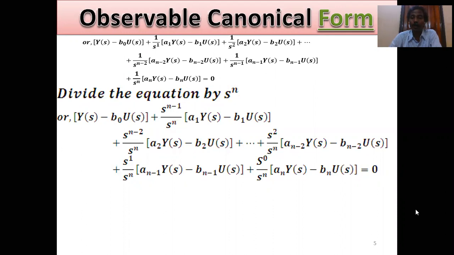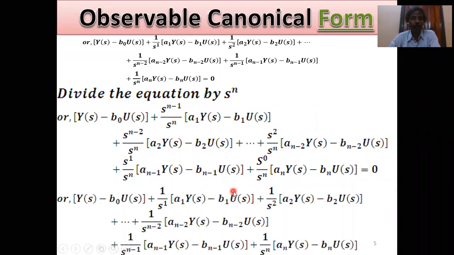So divided by s to the power n terms, and we get ultimately Y(s) minus b0 into U(s). This is the Y(s) into b0 minus U(s), and this term is equivalent to 1 by s.